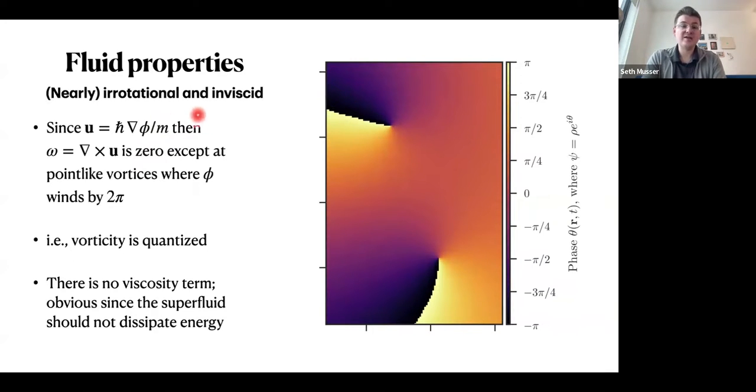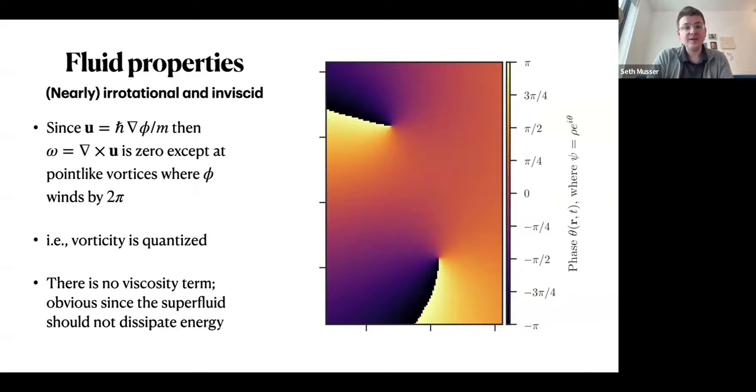But because phi is multi-valued, so 0 is equal to 2 pi here, we can have situations where our phi field winds by 2 pi around some point-like vortex. And as you can see, if we take the gradient of phi, this will lead to a circulation around the vortex. So our vorticity is quantized at these point-like vortices.